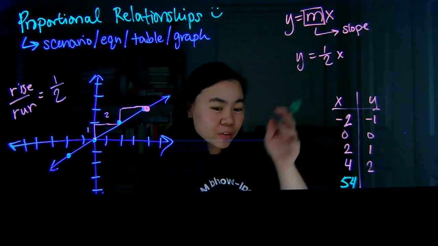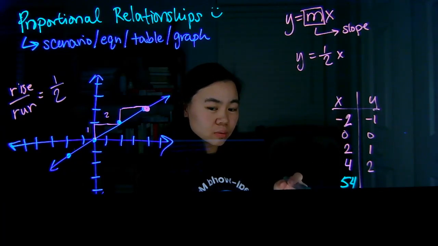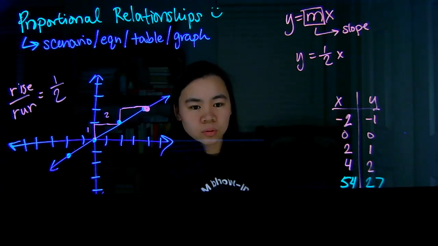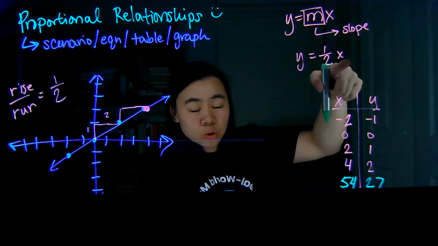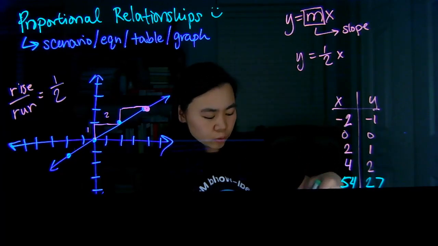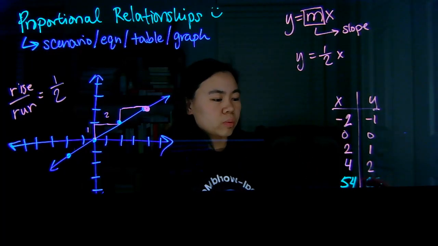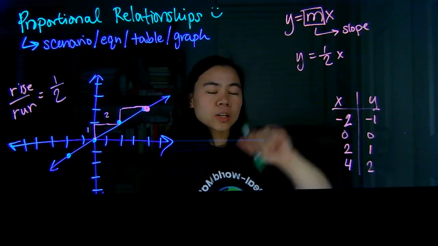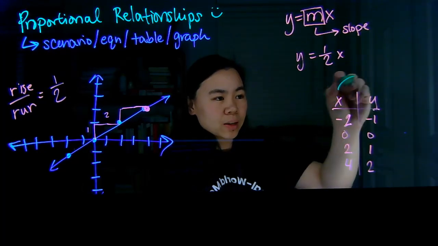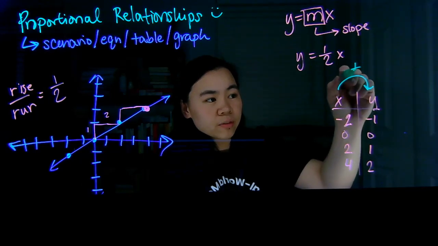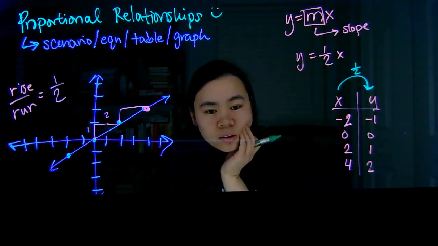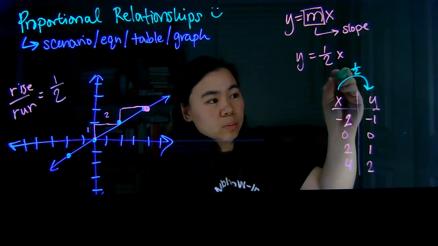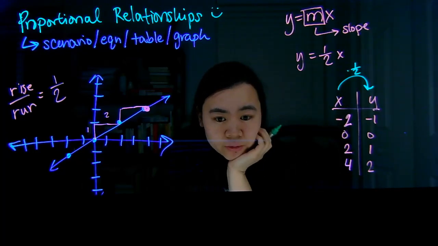What is half of 54? 27. Okay, so if you have this equation, you should also be able to figure out what table matches that, because your equation tells you your relationship between your x and your y. So what's happening is your y is half of your x. Okay, so you're basically multiplying this times a half.